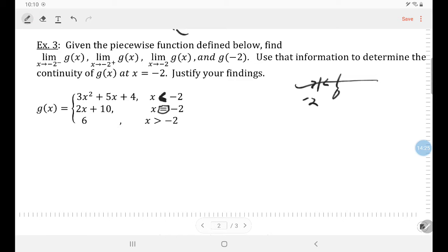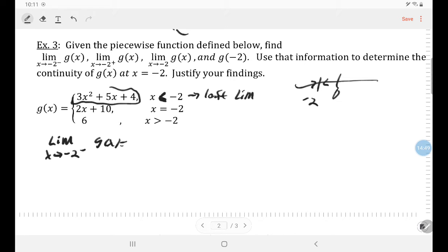So then, what am I looking for for my left limit? I am looking for things that are less than. So this function will give me my left limit. So let's do the algebra and write it up nice and pretty here. My limit as x approaches -2 from the left of the function g of x will be substituted into this value.